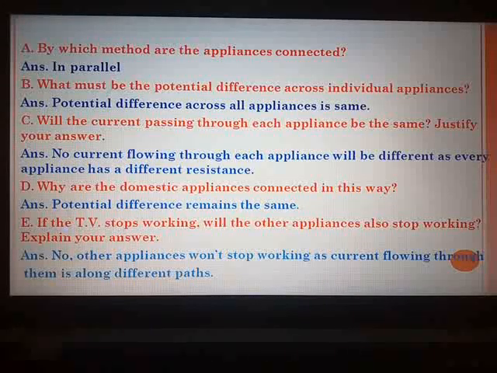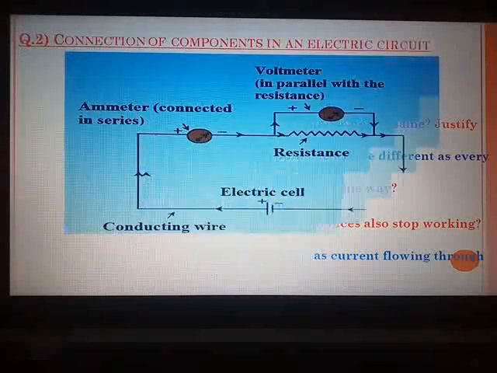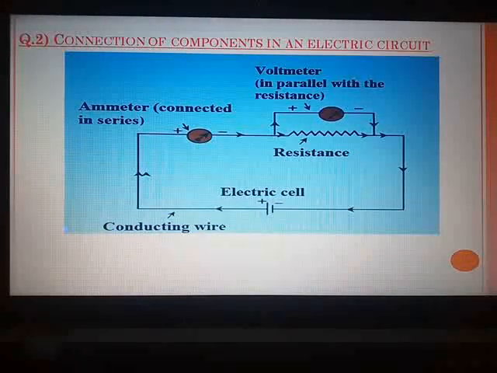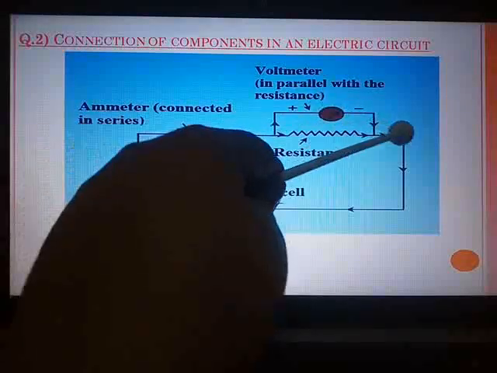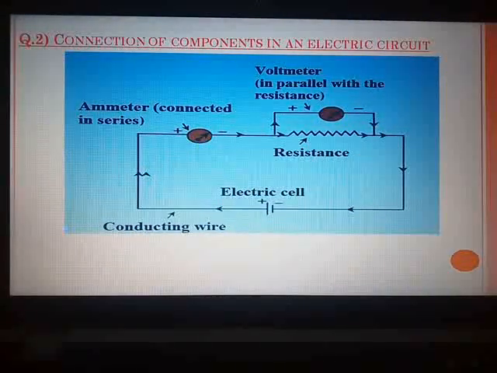Now we move on to question number 2. The question has given you different components. The following figure shows the symbols for the components used in the accompanying electrical circuit. Place them at proper places and complete the circuit. The symbols they have given you are for a circuit diagram which you have in your textbook on page number 35.